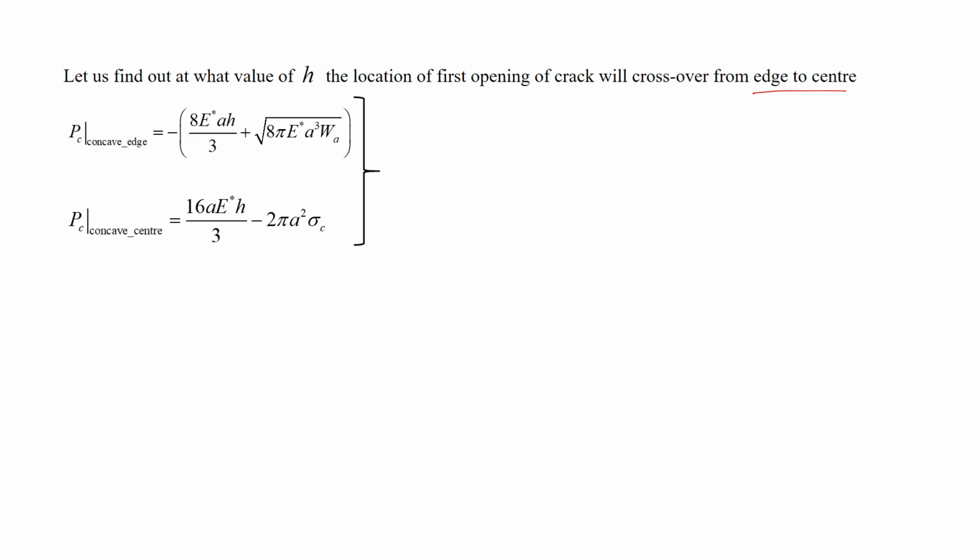What it means is that when these two loads will be equal, or rather when this PC at edge, I am not writing concave edge, okay, PC edge, is actually smaller than the PC at center. When that happens, naturally the crack will then start propagating from the edge. So, that is what it is.